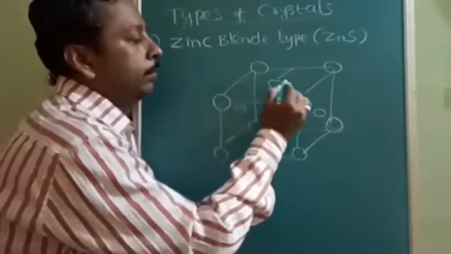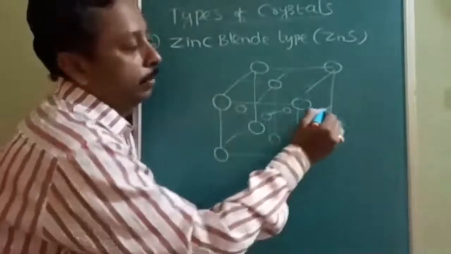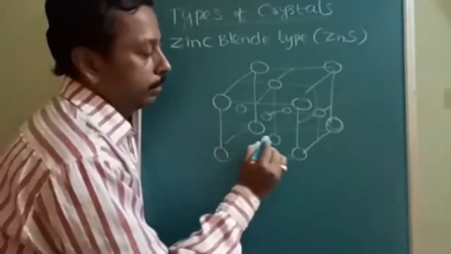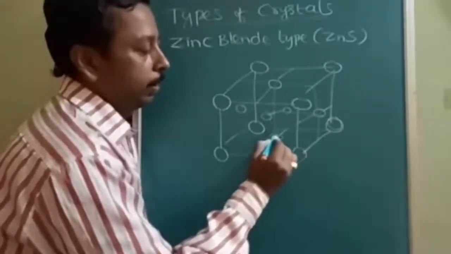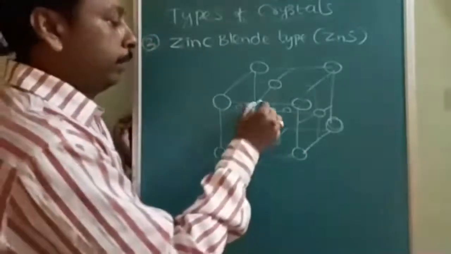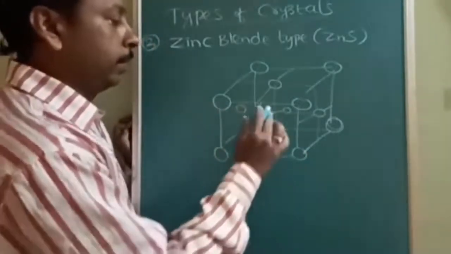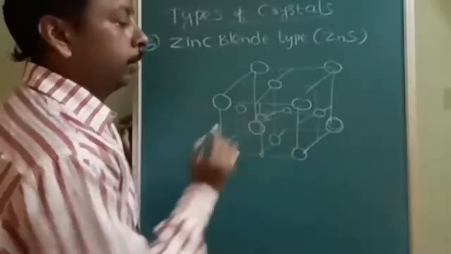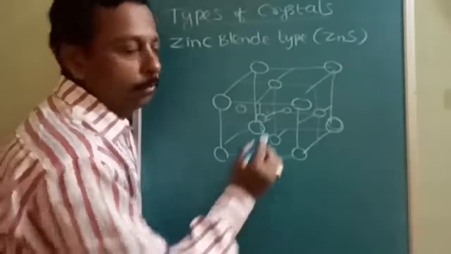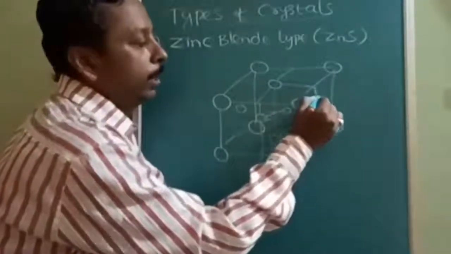Because of these face centers, each cube is further subdivided. See here carefully. While drawing only you can understand, because after drawing it will be very difficult to understand. Because of this, each cube is further subdivided into minor cubes.